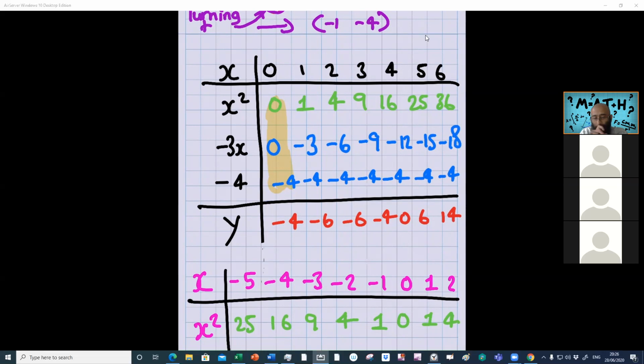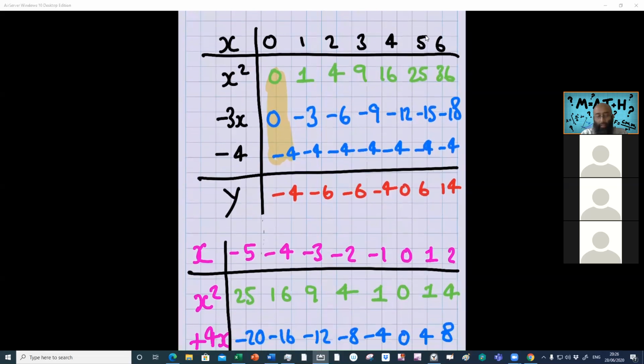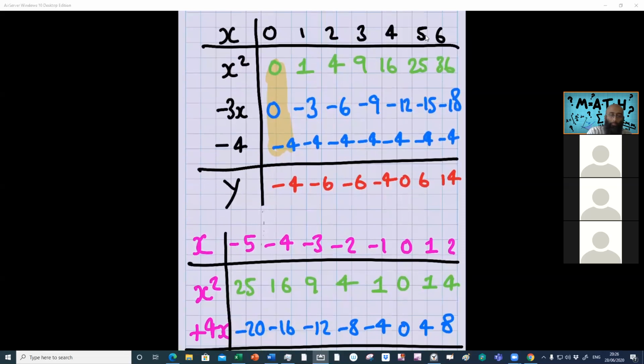Then 1, then 0, then 1, and then 4. Excellent. What was the next part of the calculation? The line. So x squared, and the next part was? 4x. For the first one, I got -20, and then -16, -12, -8, -4, 0, 4, and 8.